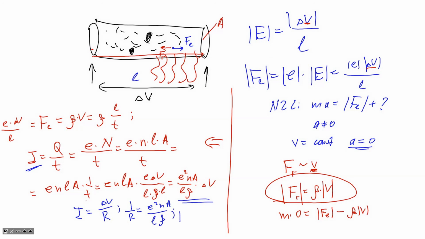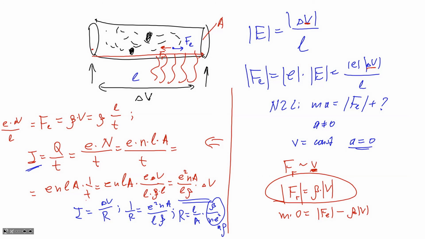So this variable R will represent the resistance, and it's going to be length over area times this coefficient divided by density of the electrons, electron charge squared. We could say, let's call it resistivity, and we get a standard expression for a resistance of a wire.